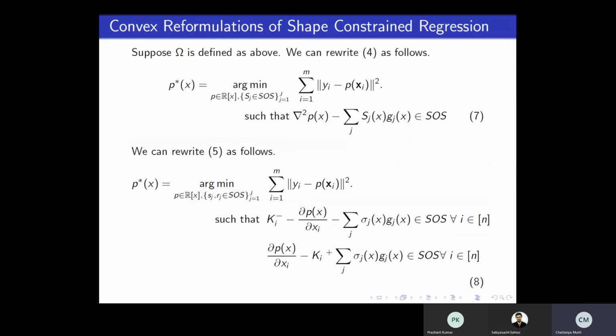Now we can rewrite these programs using that same trick. For the convexity case, we have this. You're solving this least squares program such that the Hessian is positive for all x in omega. Now we change that to this constraint, such that the Hessian of p minus this term, the sum of s_j g_j, is a sum of squares.